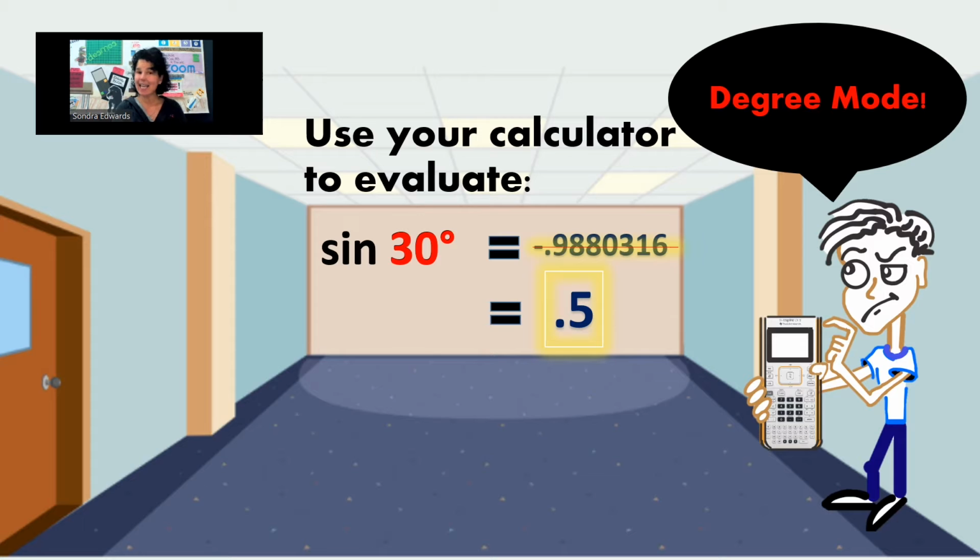So again, anytime you pick up a calculator, it's usually prominently displayed on the screen itself, and you'll see DEG for degrees or RAD for radians. But make sure you know what mode your calculator is in. Scientifics default to degree mode and graphing calculators to radian mode, but you can still switch between the two.